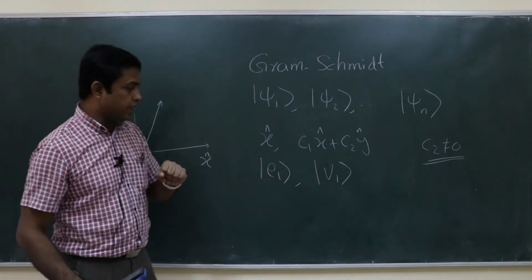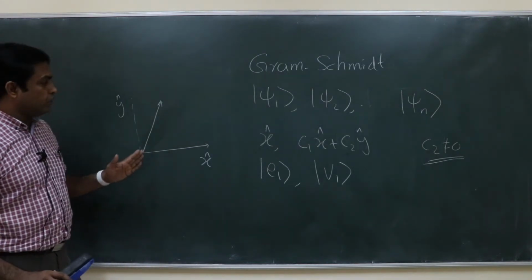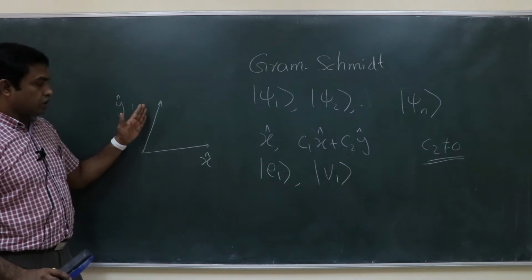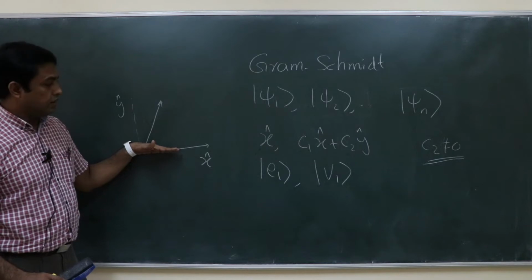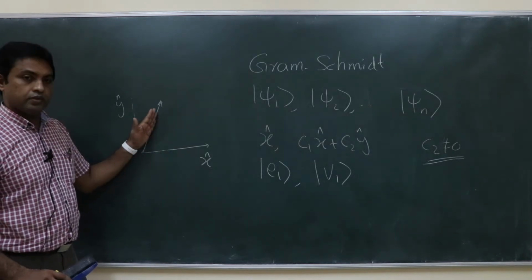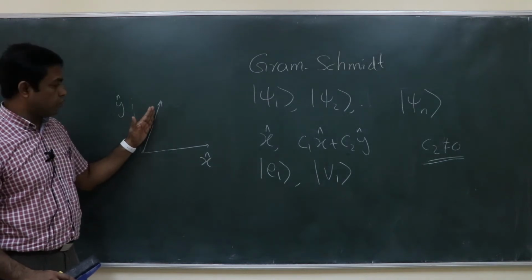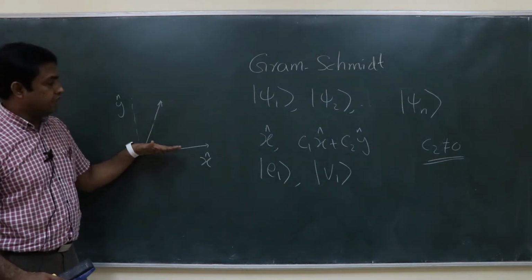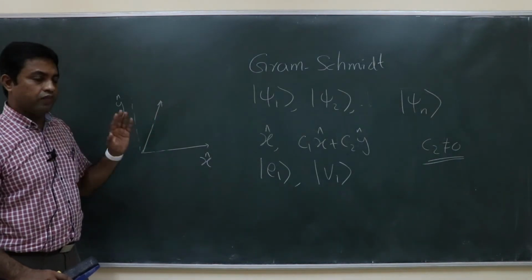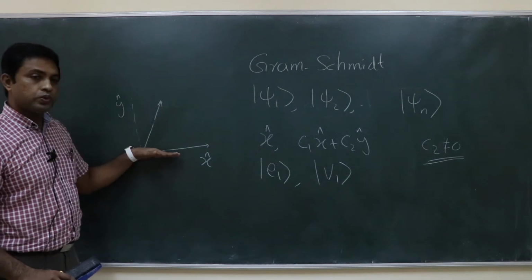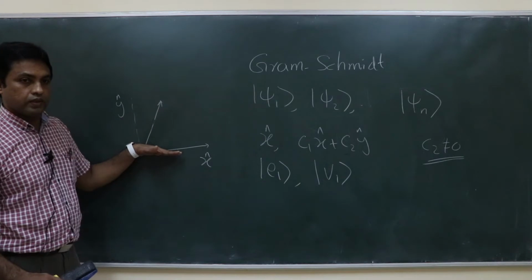So you are talking about the dot product, the projection. You have to find the projection of this vector along this vector. First find that and subtract it from this. Whatever is the projection of this vector along this one, subtract that vector from this, and the remaining vector will become orthogonal to this vector. So you have to subtract the projection of this vector along this one. Okay.